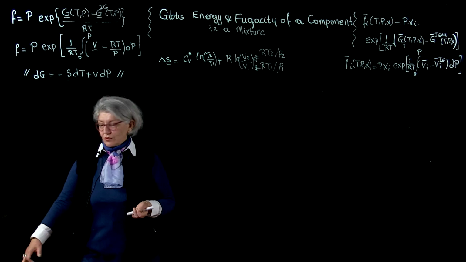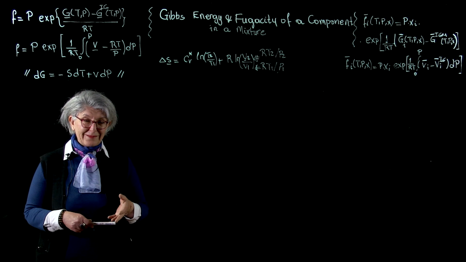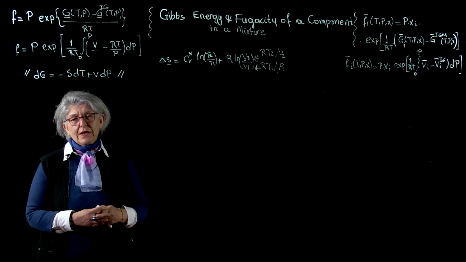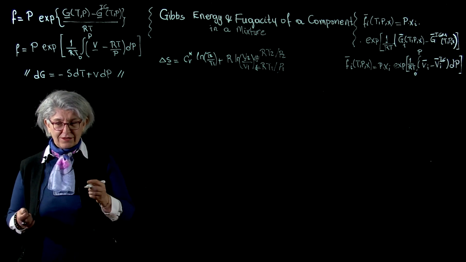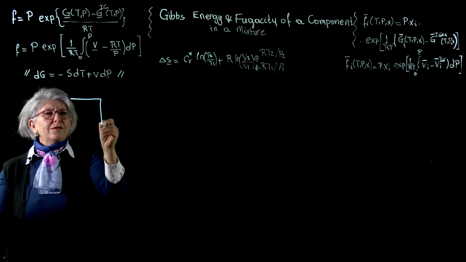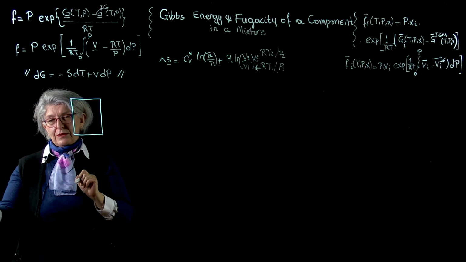Yes, we are going through all this trouble in order to be able to make estimations in phase equilibrium or chemical equilibrium. So let's start by considering the problem of phase equilibrium of more than one component.